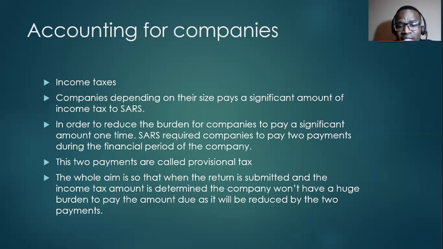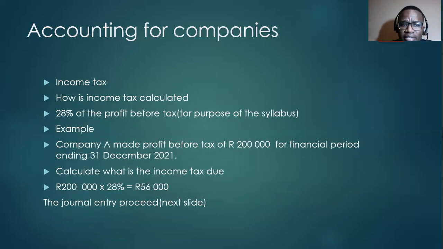These two payments are called provisional tax. The whole aim is that when a return is submitted and the income tax is determined, the company won't have a huge burden to pay the amount due, as it will be reduced by those two payments. But you'll see more on the examples going forward, right? Then how is this income tax calculated?